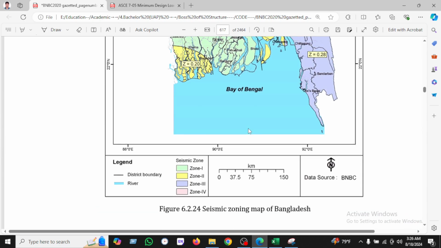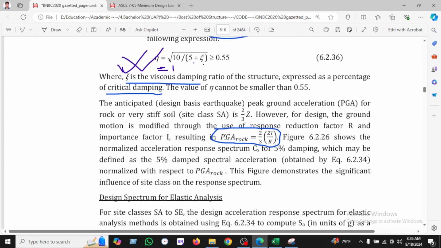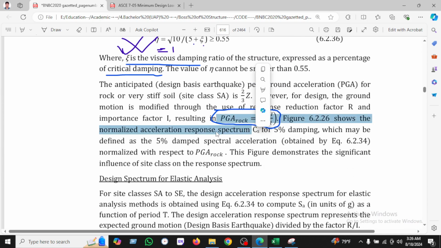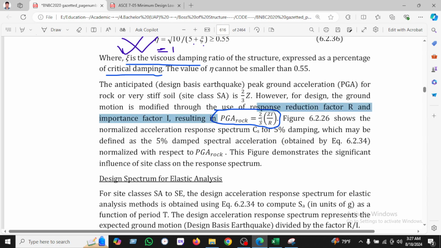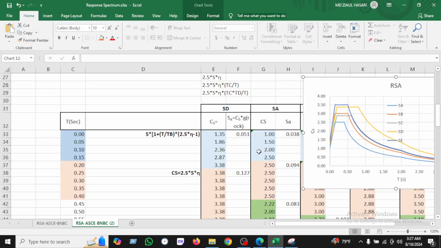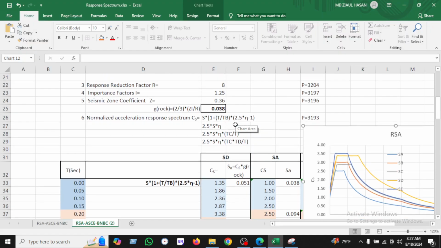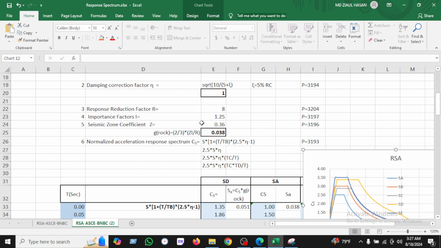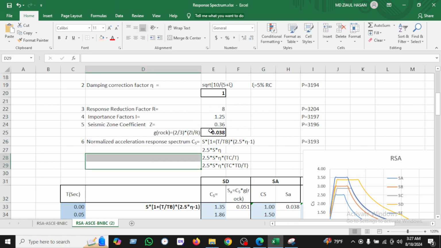So if we go here, at first we have gone to the PGA rock. Here is 2/3 into ZI by R. If we find this value and multiply with this, then we will find the SA. We already calculated the PGA, which is 2/3 ZI by R. Here is the value.